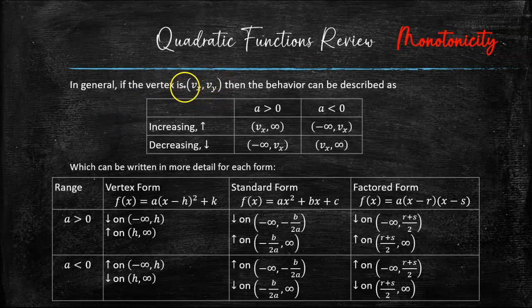So again, it all depends on where the vertex is and whether the leading coefficient is positive or negative. So if your parabola looks like this when a is positive, or like this when a is negative, you should be able to determine the vertex and describe where the function is decreasing, increasing, or increasing and then decreasing.